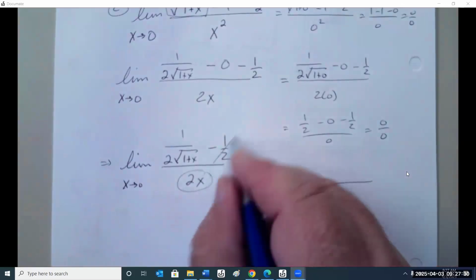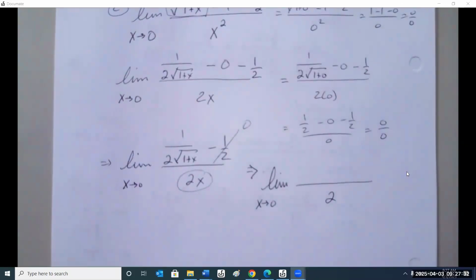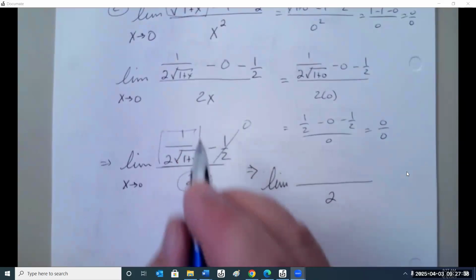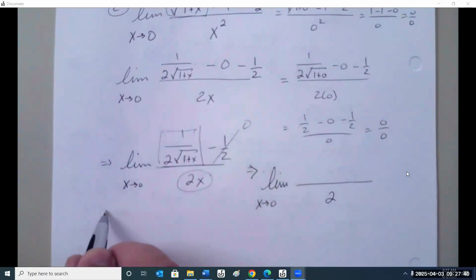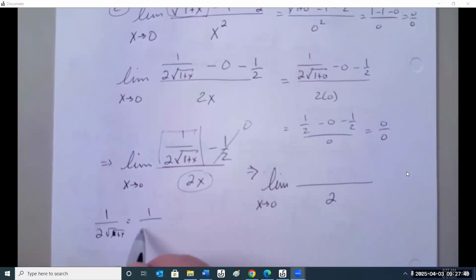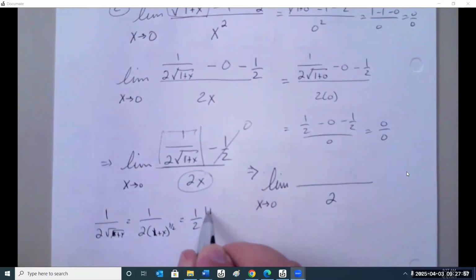The derivative of 1/2 is 0. So we just have to take the derivative of this part. 1 over 2 square root of 1 plus x is equal to 1/2 times 1 plus x to the power 1/2, I mean 1/2 times 1 plus x to the power negative 1/2.